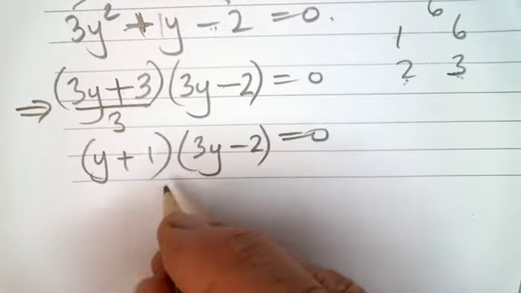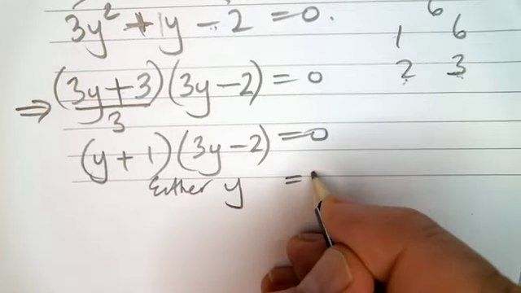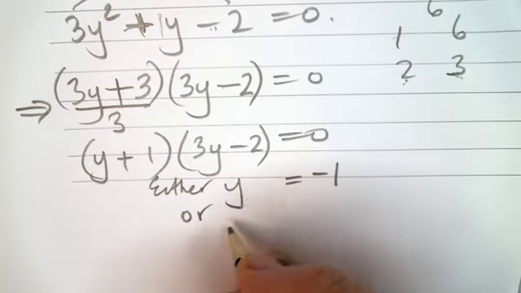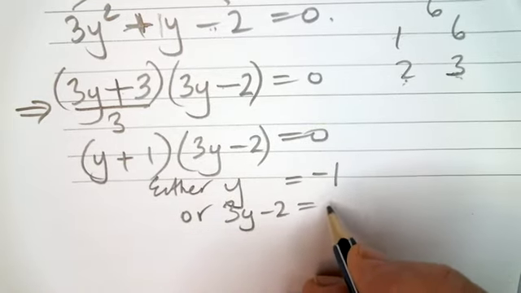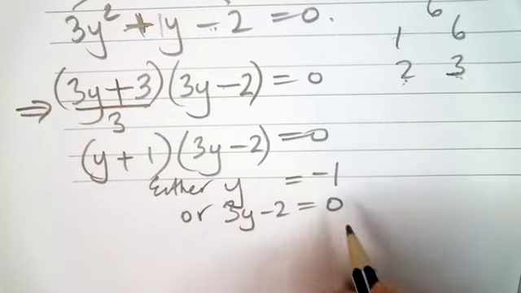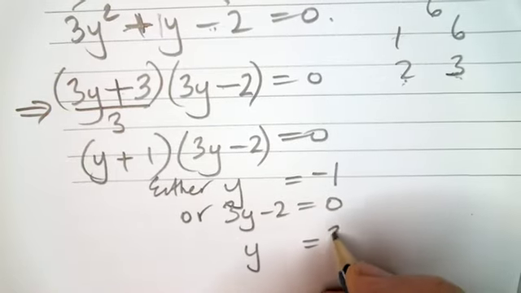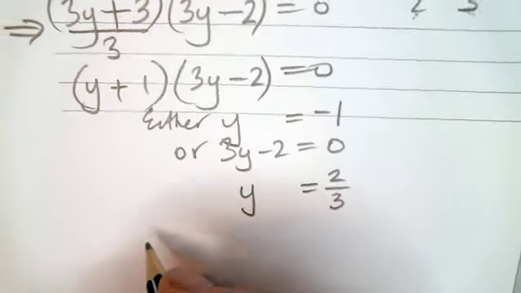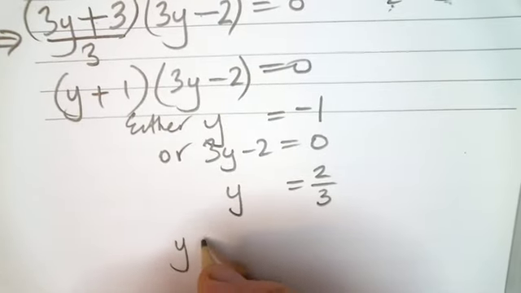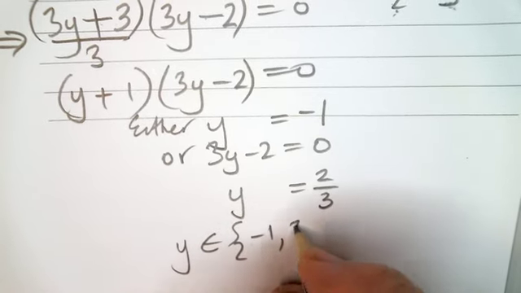So therefore we can say either y is equal to negative 1, or we've got 3y minus 2 is equal to 0. Let's just solve this quickly. So that means that y is equal to 2 on 3. So we've got our solution is y is an element of negative 1 comma 2/3.